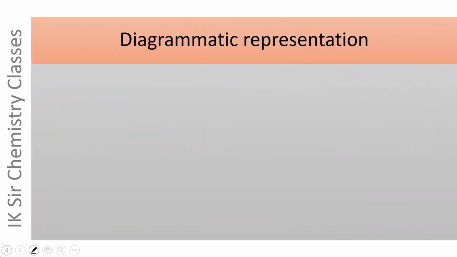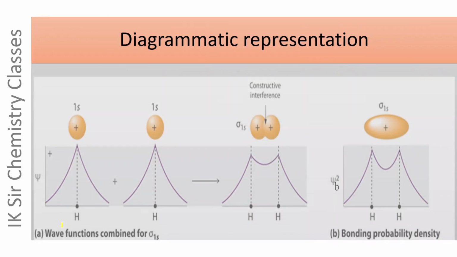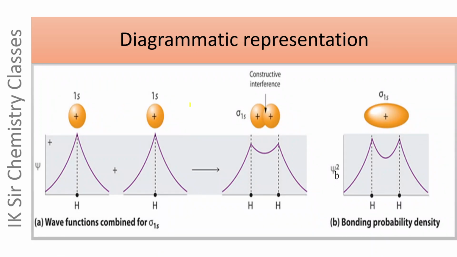Let us represent it diagrammatically. These are two 1s wave functions of two hydrogen atoms. These have similar sign and therefore after linear combination there is constructive interference. This is sigma 1s bonding MO.